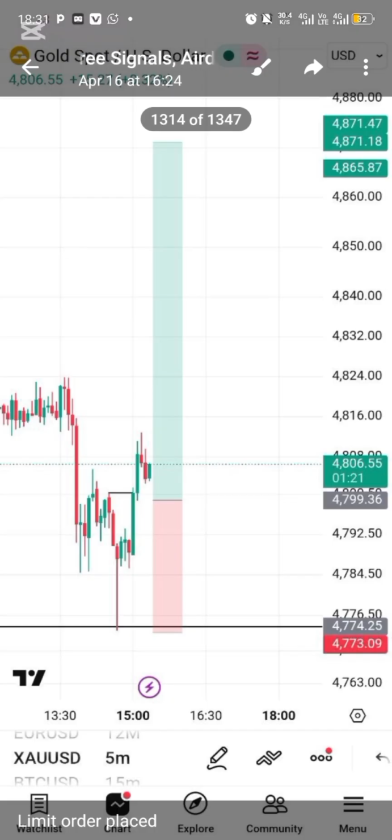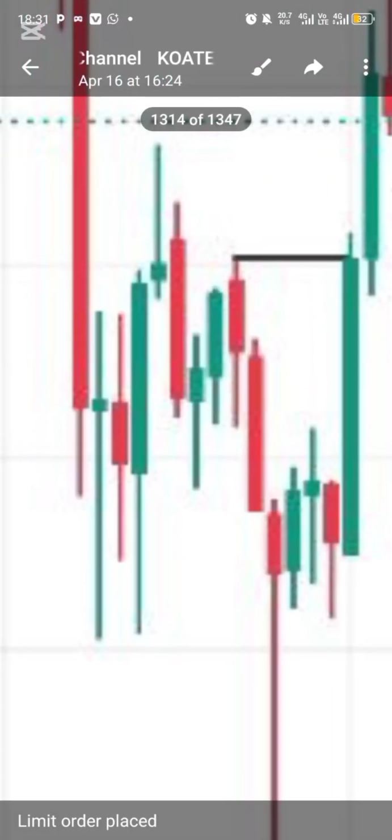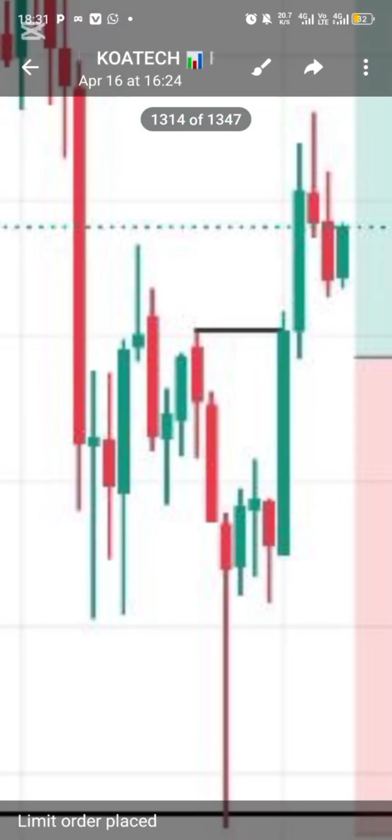Now this is what happened. This black line was actually the mitigation of that 1 hour OB that I marked as my POI. Now it mitigated, and I considered this as a liquidity sweep before this very MSS.